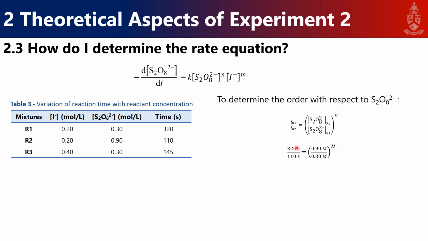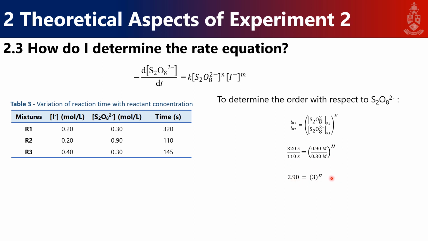Remember, 320 seconds relates to a concentration of 0.3, and 110 seconds relates to a concentration of 0.9, to the power n. So when I simplify that, I get 2.9 is 3 to the n.